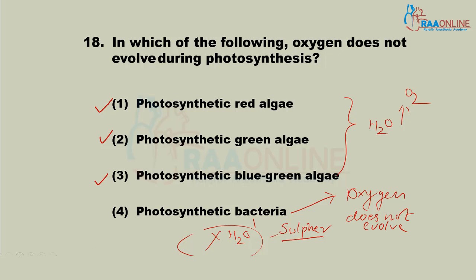That's why the answer to question number 18 is 4, that is photosynthetic bacteria. They don't use water and they do not evolve oxygen. Even then, their photosynthesis takes place in infrared light, and they don't have chloroplast. Their photosynthesis takes place in chromatophores.